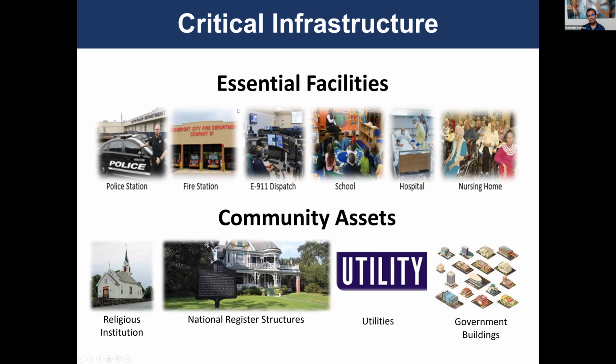For essential facilities in the 0.2% flood chance area, we are looking at police station, fire, E911, school, hospital, and nursing homes. For community assets, we are concentrating on religious institutions, national register, different utilities, and government buildings like libraries, any other entities that we can identify. We are adding these to the building inventory data set.